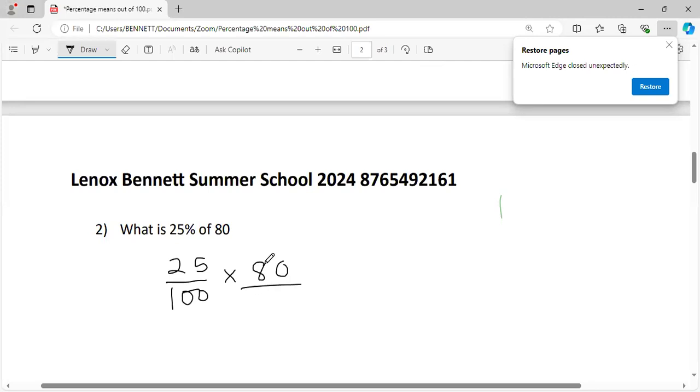We can find a number that can go into 80 and 100, or we can also cancel this way. For example, we can find a number that can go into 25 and 100. So it's either way. We can cancel this way or this way. So we can use 25, because 25 can go into 100 4 times.